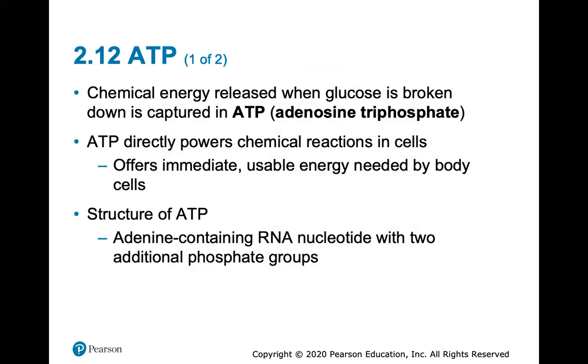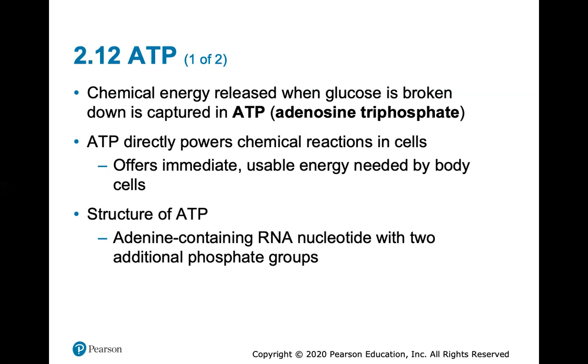ATP then. So again, if you're wondering where we're going with all this, we're giving you a brief overview of the biochemistry and the language needed to talk about the different elements and compounds when we get to bodily functions and processes. ATP is very important. It's your body's currency system for energy.